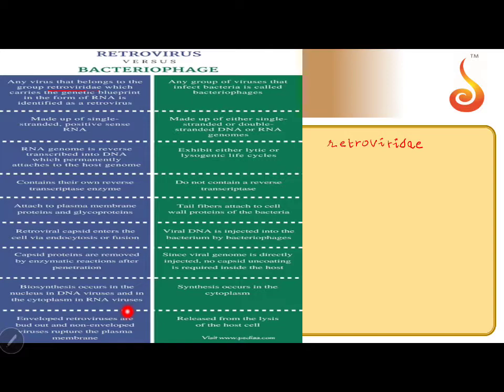And any group of viruses that infect bacteria is called bacteriophages. Retroviruses have single-stranded RNA as genetic material, but phages may have DNA also, RNA also, as genomes or genetic material.